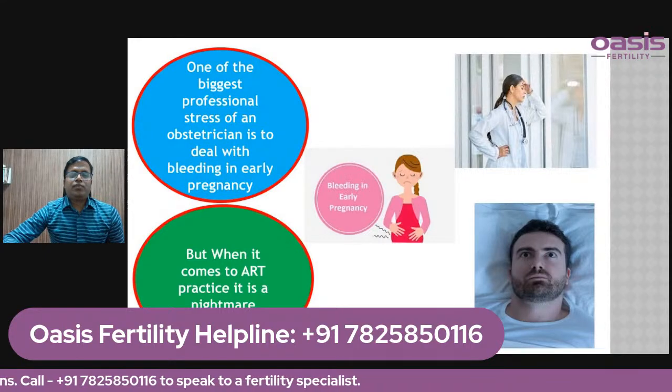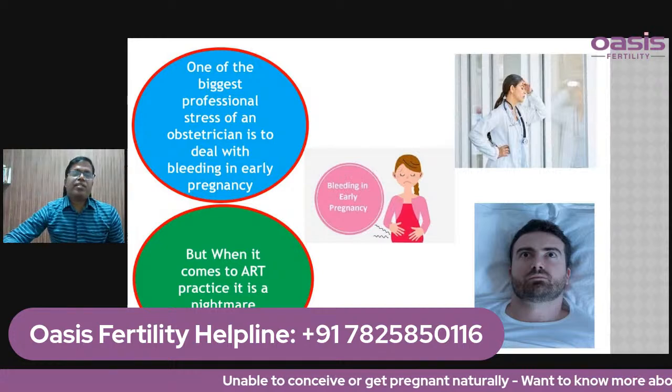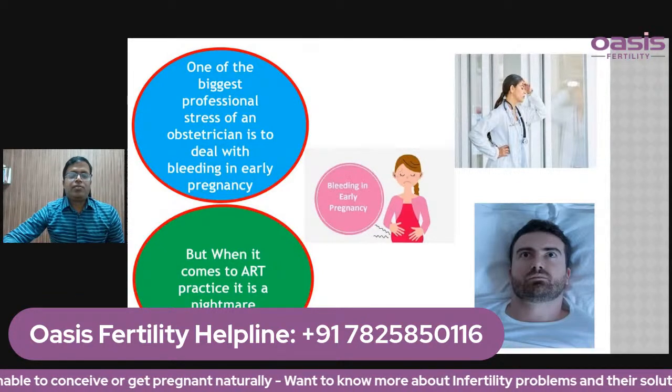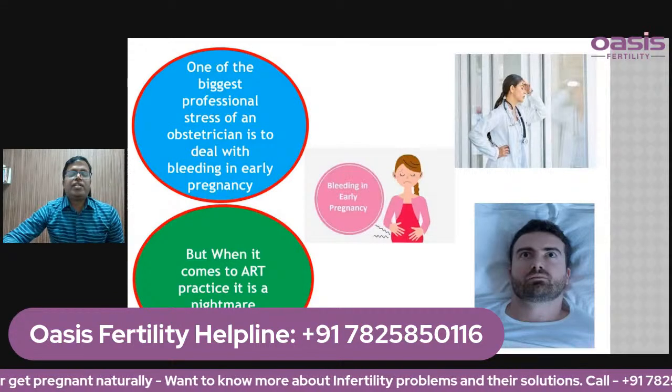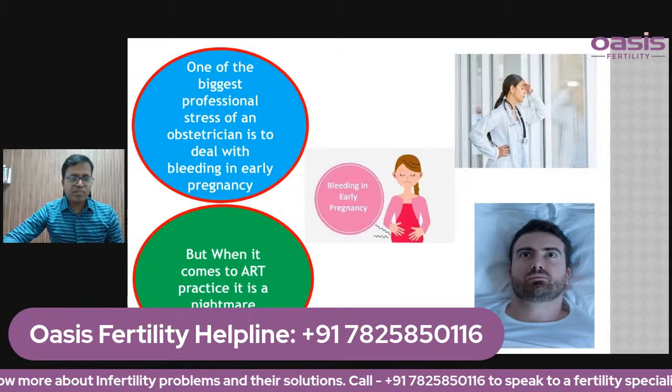To know more about when and how we should use it, I'll go through some slides. As you can see, one of the biggest professional stresses of an obstetrician is dealing with bleeding in early pregnancy. This is a condition where a pregnant lady suddenly starts bleeding when she is just a few months pregnant.